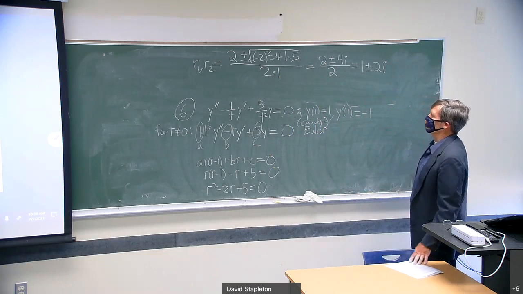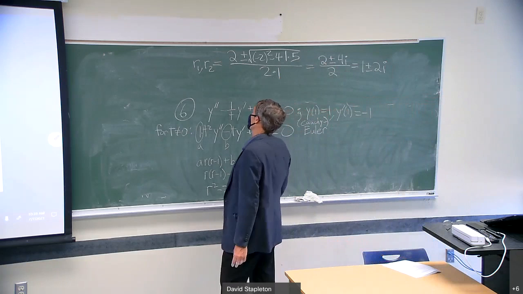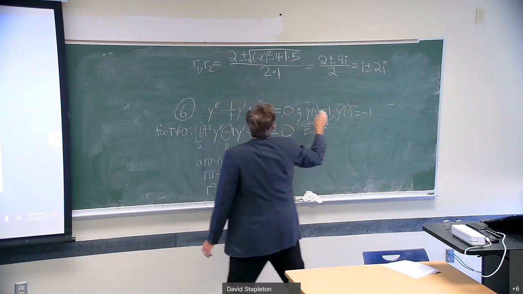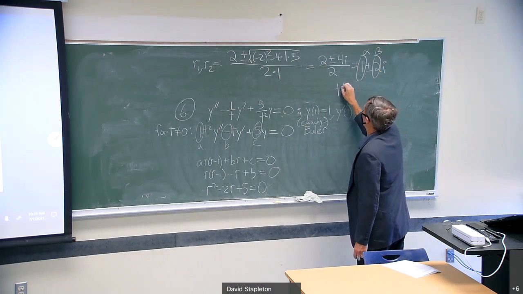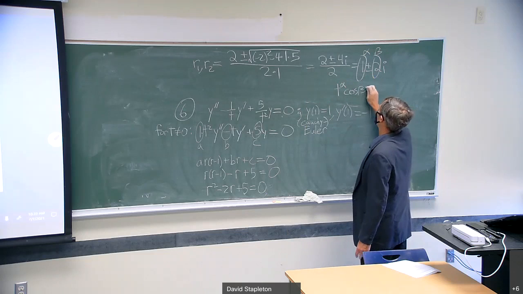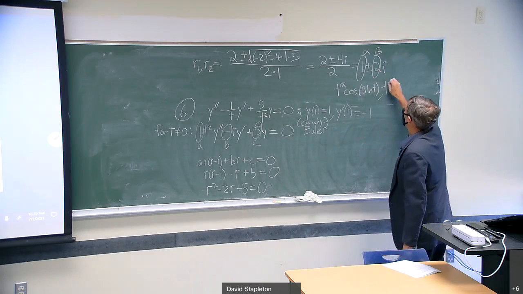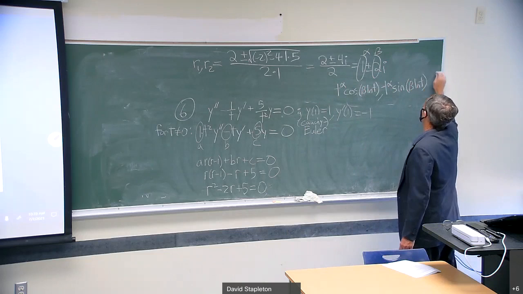Now you memorize the form of the results for those. You call this alpha plus or minus beta i. Two independent solutions are t to the alpha cosine, when you have imaginary roots, cosine of beta ln t, and t to the alpha sine of beta ln t. You can memorize that or look it up.